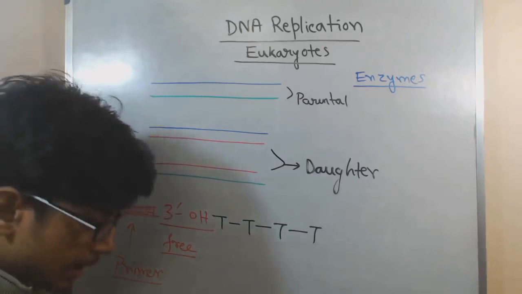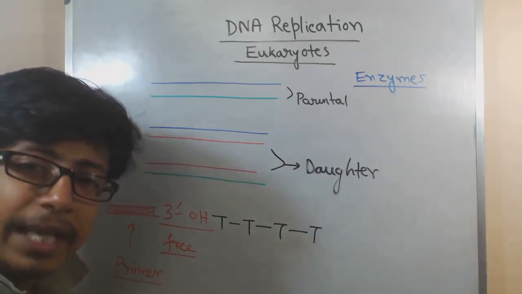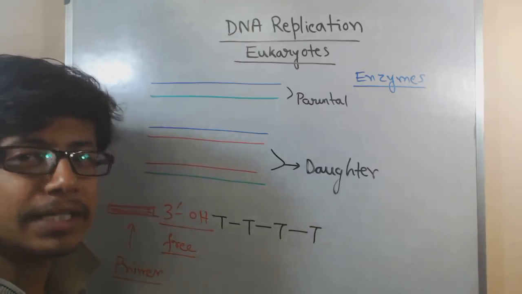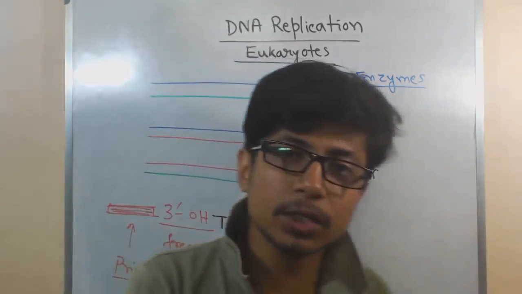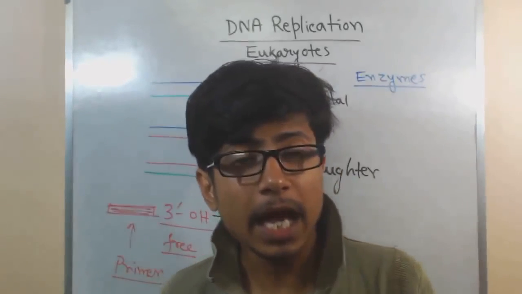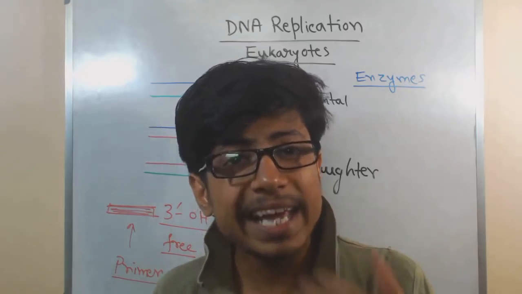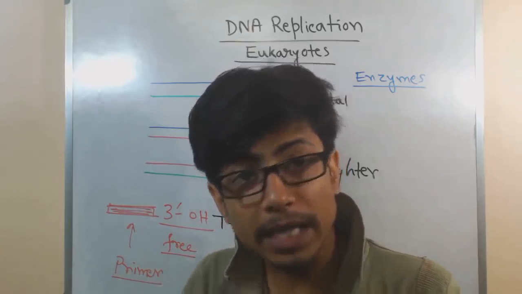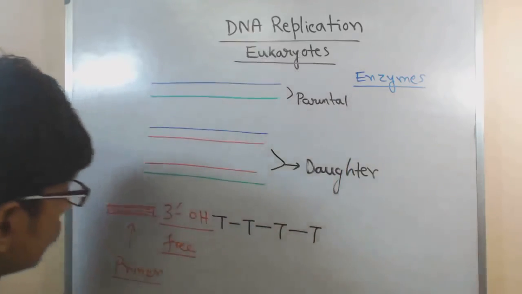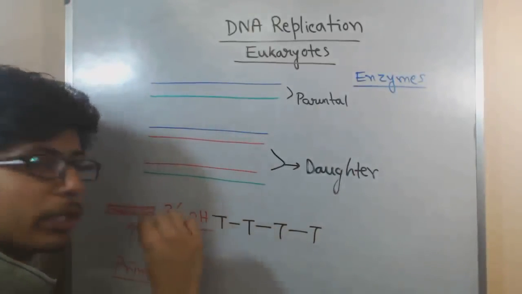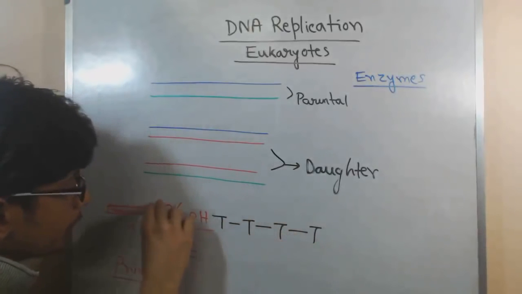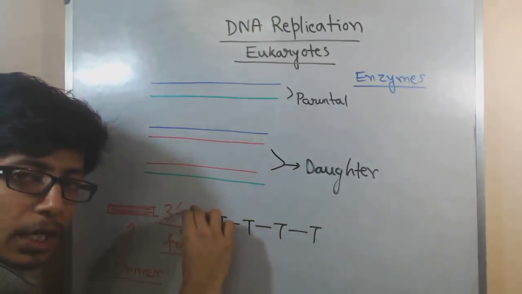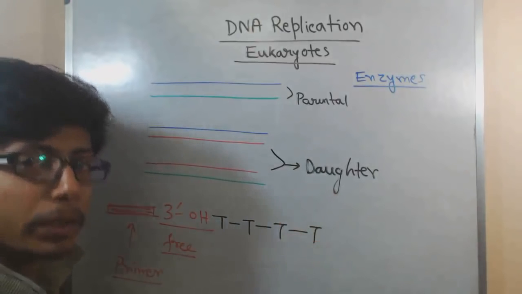This primer is synthesized by DNA-dependent RNA polymerase enzyme, because RNA polymerase, on the other hand, is very versatile. RNA polymerase on its own can initiate adding nucleotide sequences. So we need RNA polymerase to add some ribonucleotide sequences at the very beginning, which will provide the free 3' hydroxyl to elongate by the DNA polymerase.